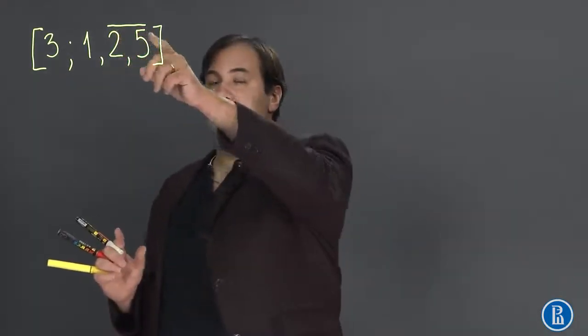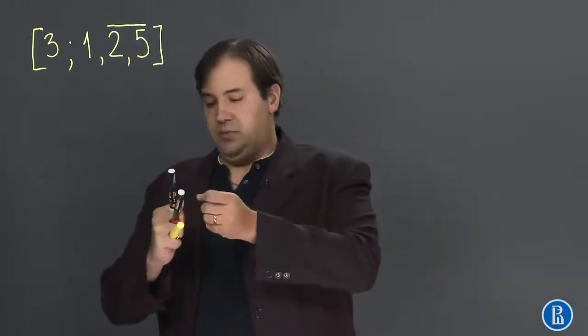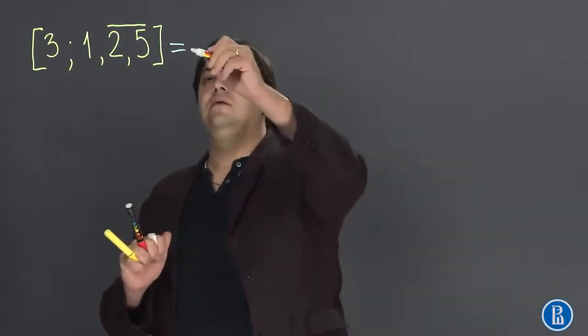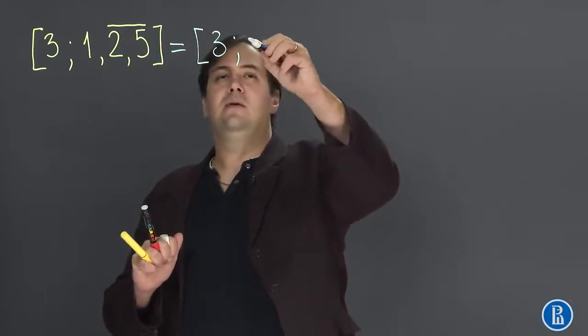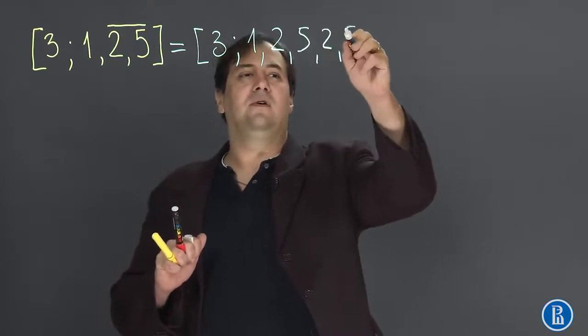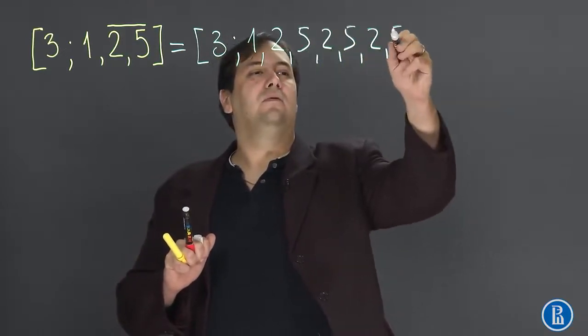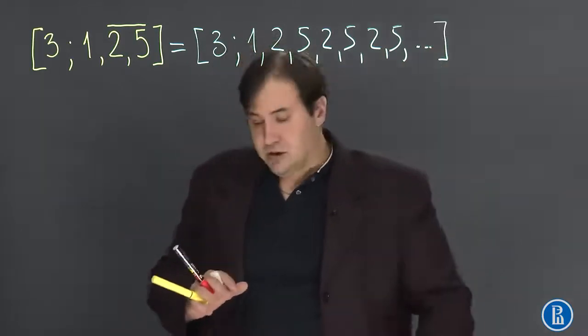This line here means that 2 and 5 form a periodic part of the continued fraction. So it can be rewritten as 3, 1, 2, 5, 2, 5, 2, 5, and so on. So it is an infinite continued fraction.